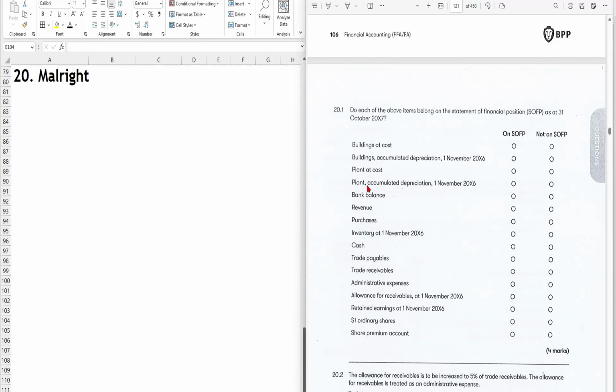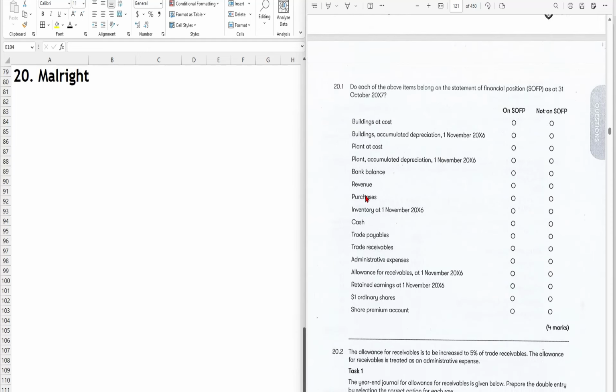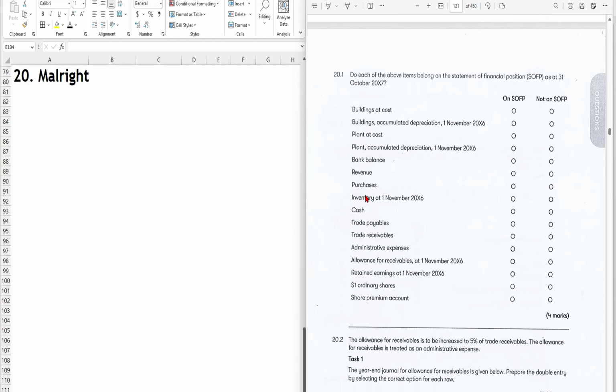Bank balance is your current asset, so you will find it in the SOFP. Revenue is income, so you will find it in the P&L, not the SOFP. Purchases again go in the P&L because they are an expense.